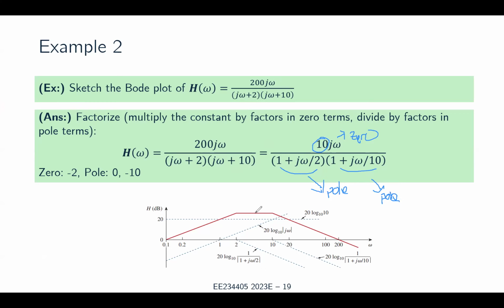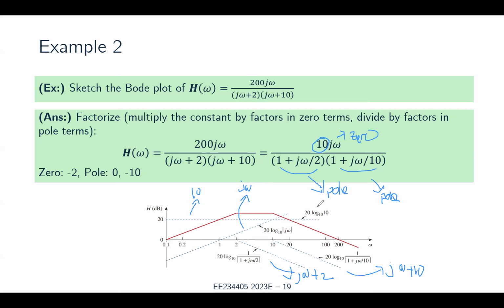So this is for 10, this is for the zero at the origin, j omega, this is for j omega plus 2, and this is for j omega plus 10.